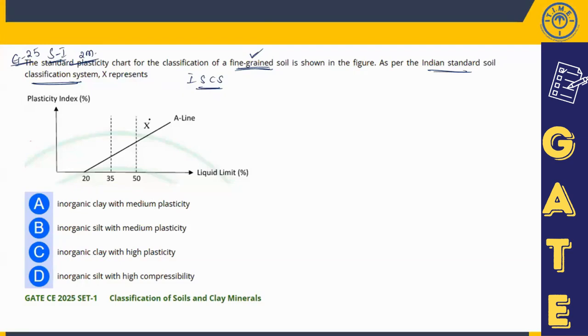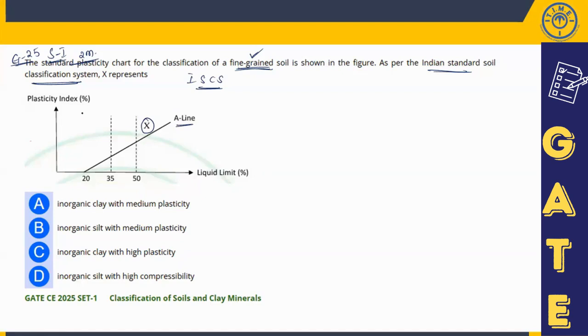X represents a type of soil, and as per the options it is inorganic clay with medium plasticity, inorganic silt with medium plasticity, inorganic clay with high plasticity, or inorganic silt with high compressibility. This is the A line, my dear students.